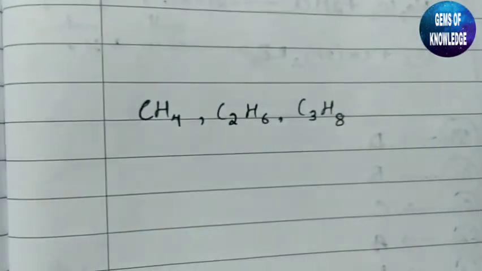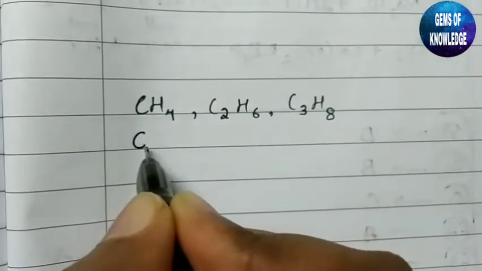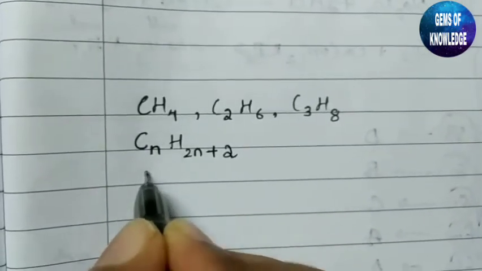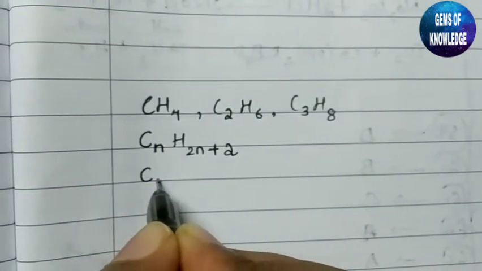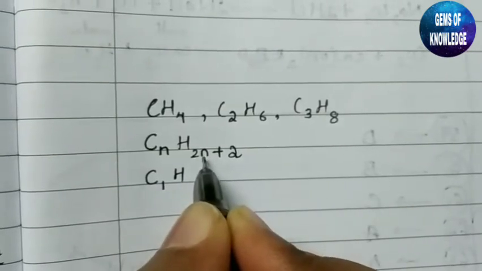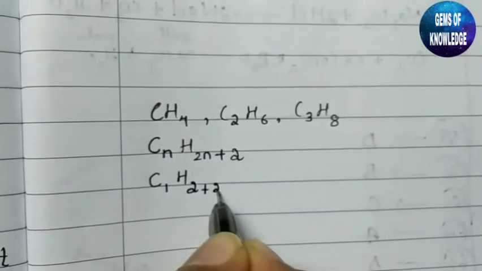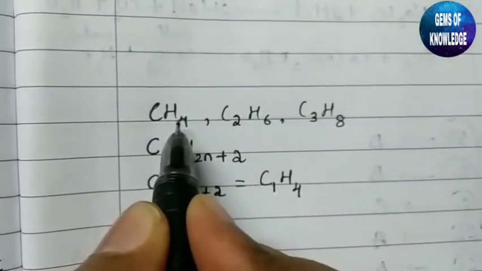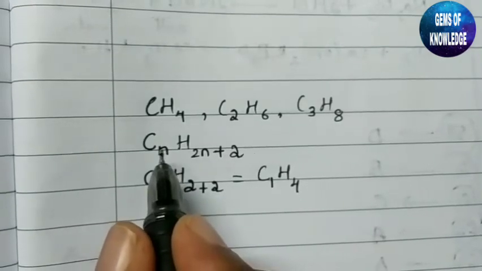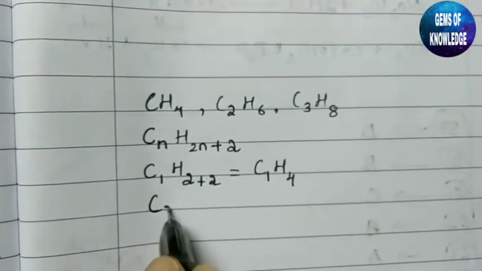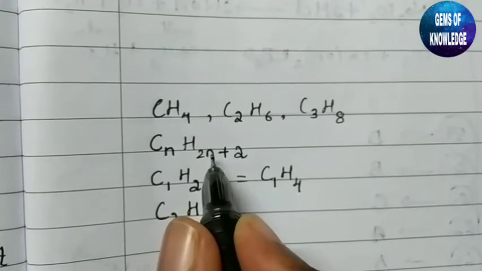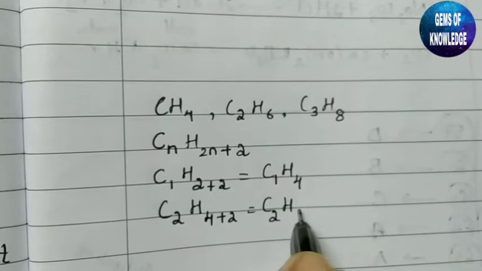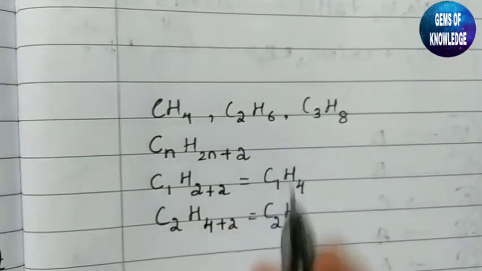If we use CnH2n+2 and substitute n=1, C1H(2 into 1 is 2, plus 2), we get C1H4. Then let us substitute 2: C2H, 2 into 2 is 4, plus 2, so C2H6.